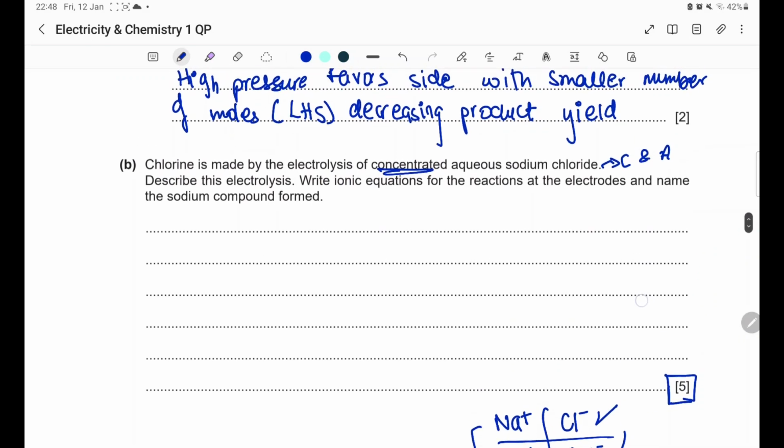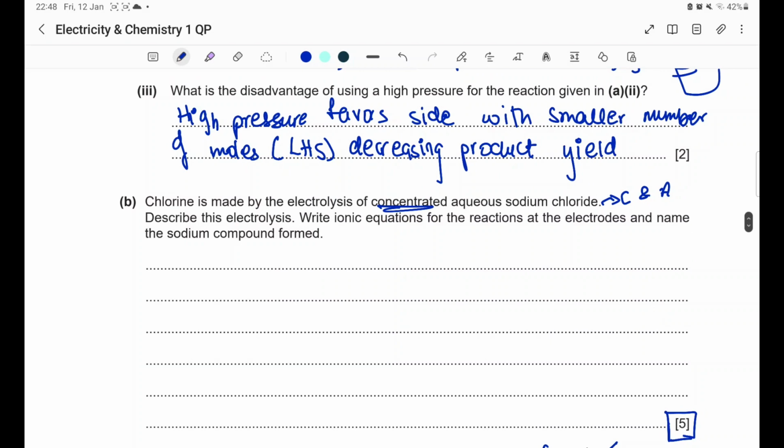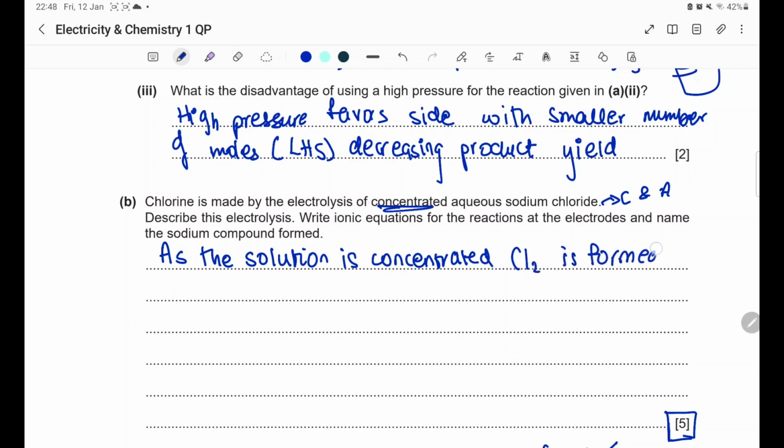So, we can start off with saying that as the solution is concentrated, chlorine gas, you could write chlorine gas, or you could just write Cl2, is formed at the anode.